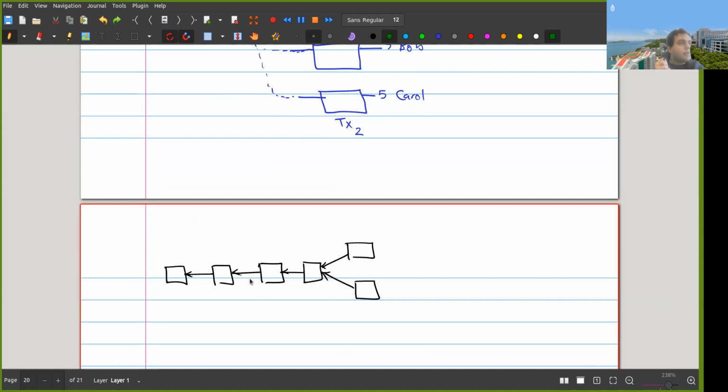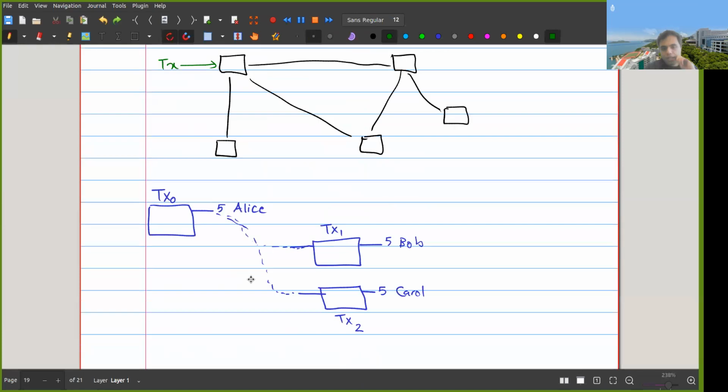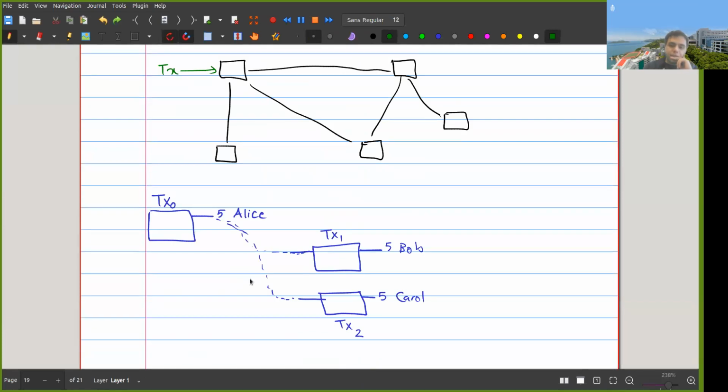So some of you are asking in the chat whether we can use a timestamp or record the time when making the transaction. And the answer is unfortunately no, because see what happens. Suppose that Alice really wants to cheat. What she can do is create a transaction and pay this 5 units to Bob.